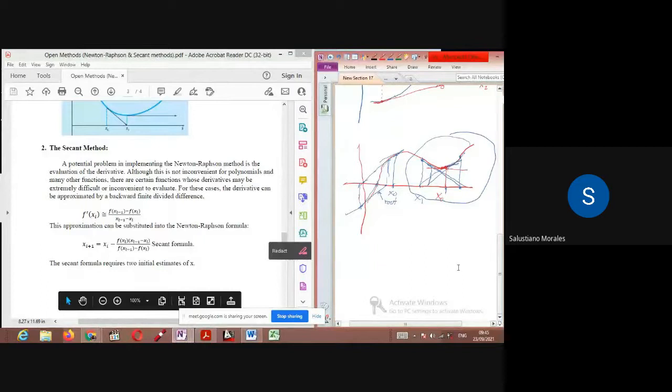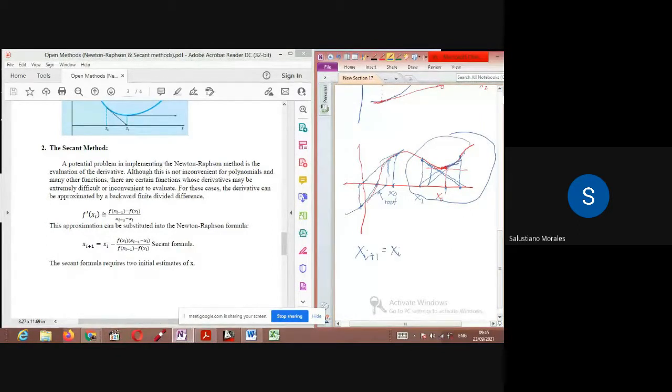Okay, so bale ang ginawa dito is hindi niya pinakita lahat. So x_i minus f(x_i), then substitute natin yung formula ng f'(x_i) from the backward finite divided difference.